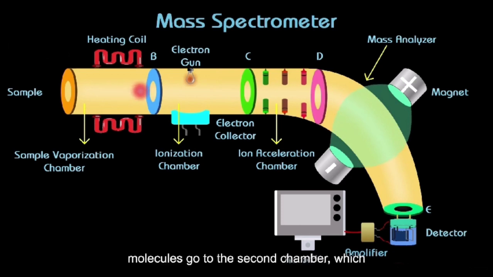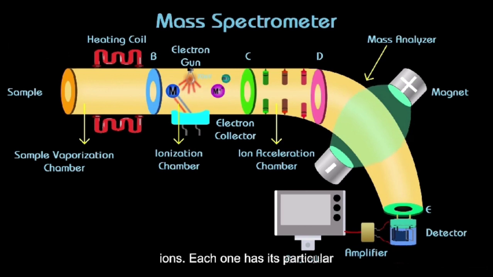Then the molecules go to the second chamber, which is called the ionization chamber. Molecules are ionized and broken up into many fragments by bombardment with a stream of electrons from the electron gun. Some of the fragments are positive ions. Each one has its particular ratio of mass to charge.